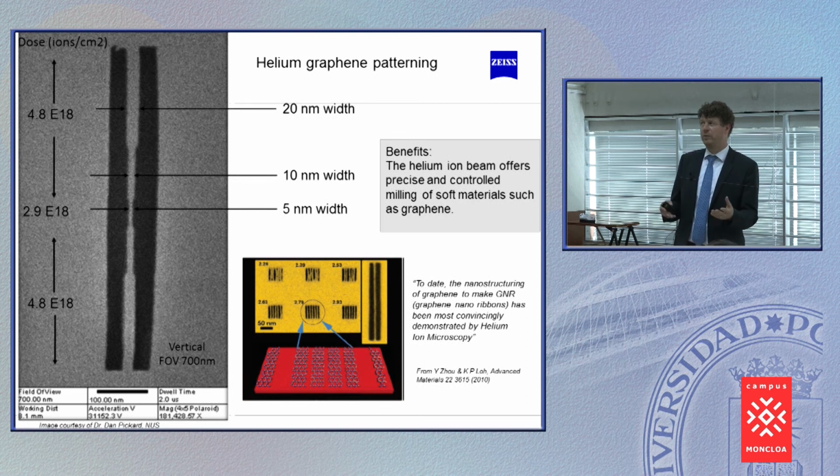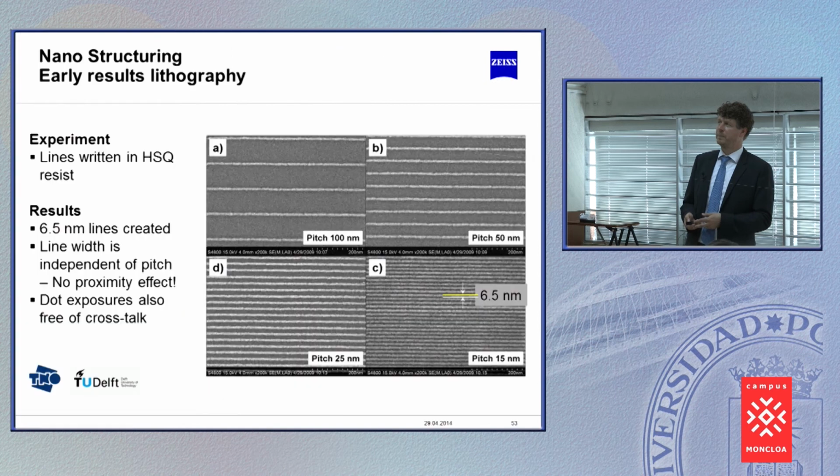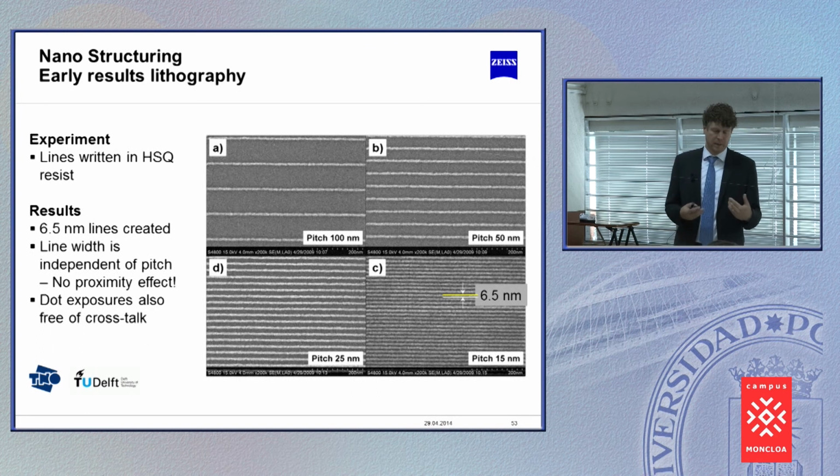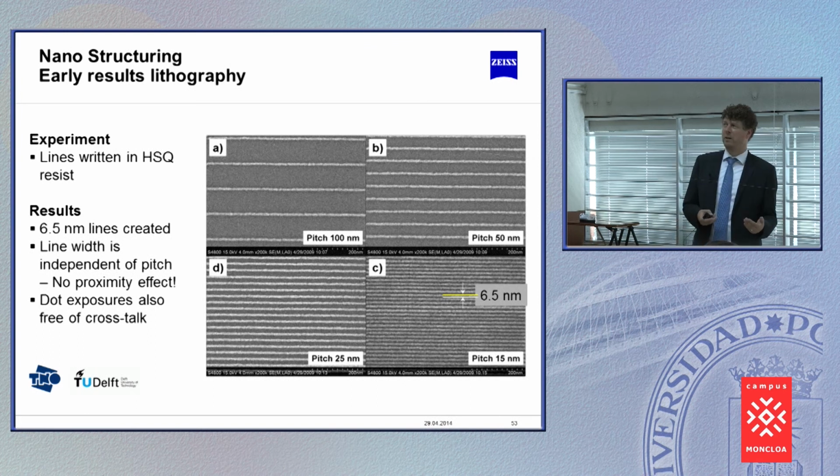So for future developments, it's very important to make everything smaller. Again, we can also do some ion lithography. Usually when you write with electrons, there is a minimum distance you can write because of the so-called proximity effect.